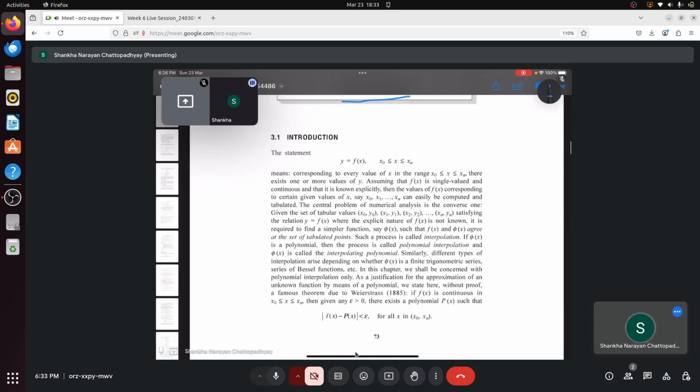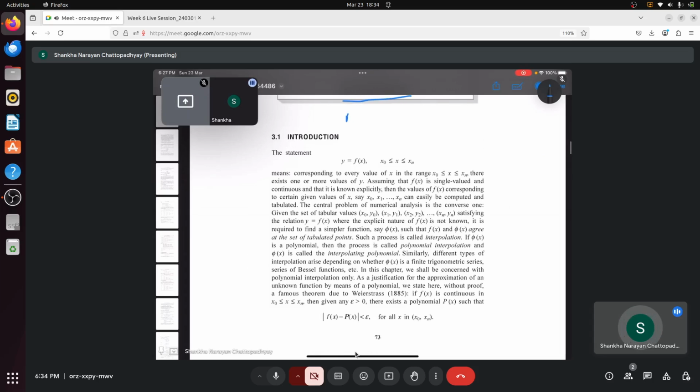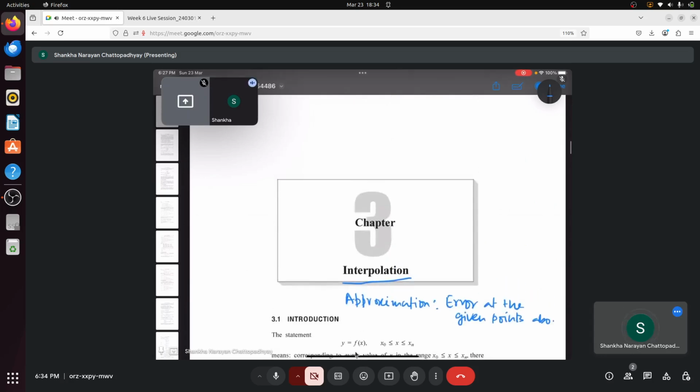So there is a fundamental difference between interpolation and approximation. In approximation, you may have error at the given points also. But in interpolation, say y equal to f(x) is your unknown function.